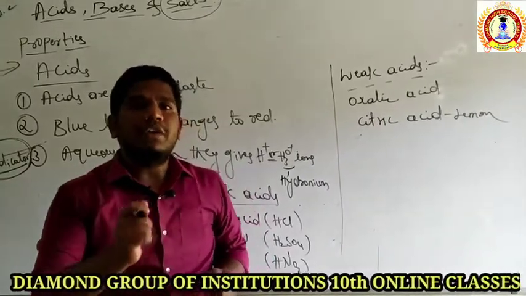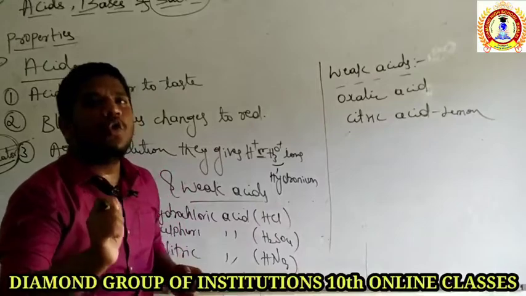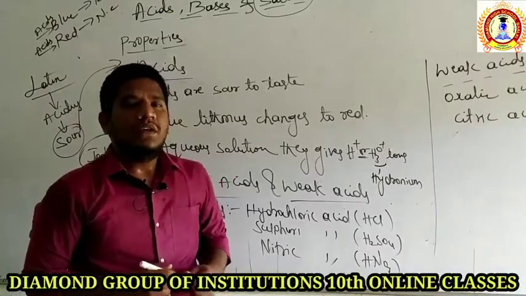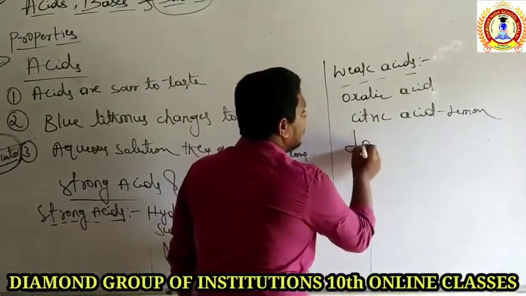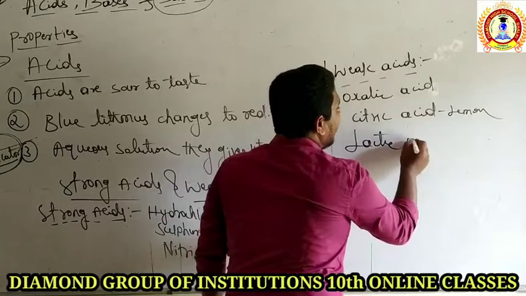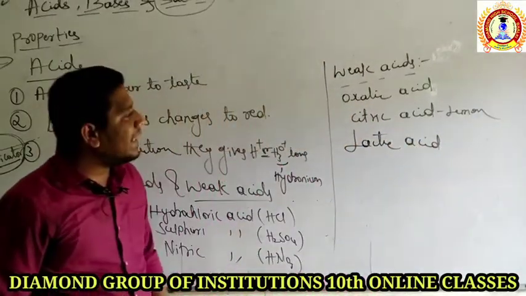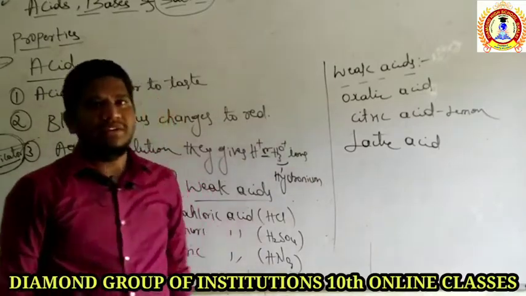So even the curd is known as an acid because it is sour to taste. Which acid is present in the curd? The curd contains the acid known as lactic acid, right? The lactic acid present in the curd also comes under the weak acids.